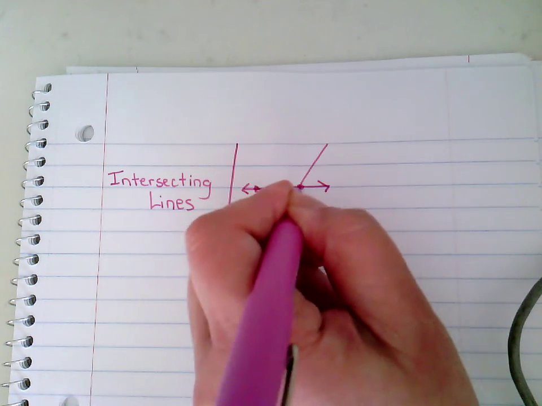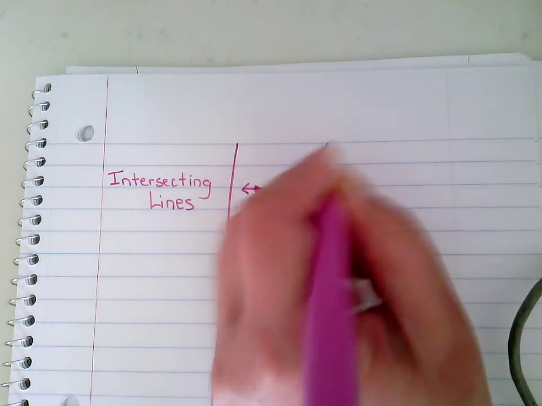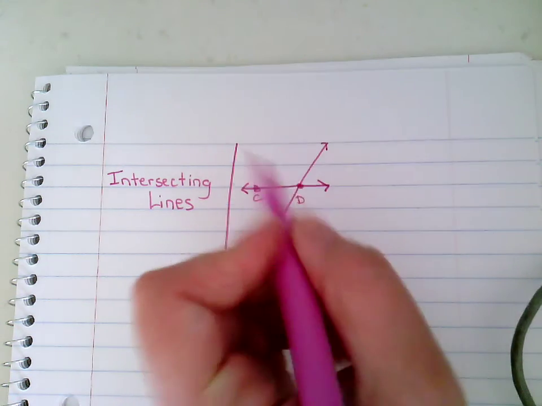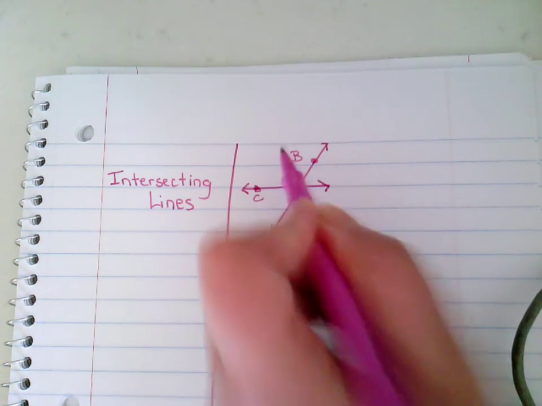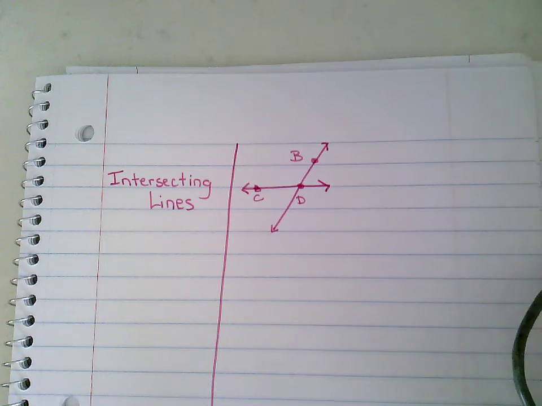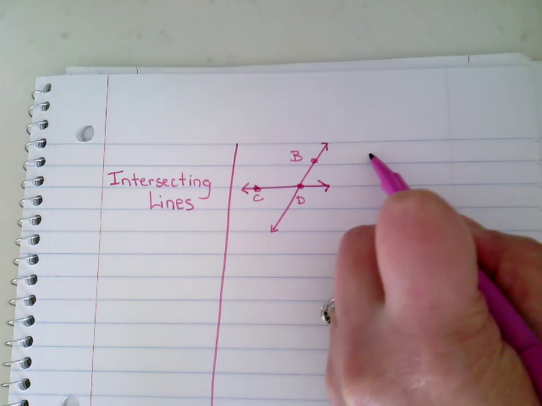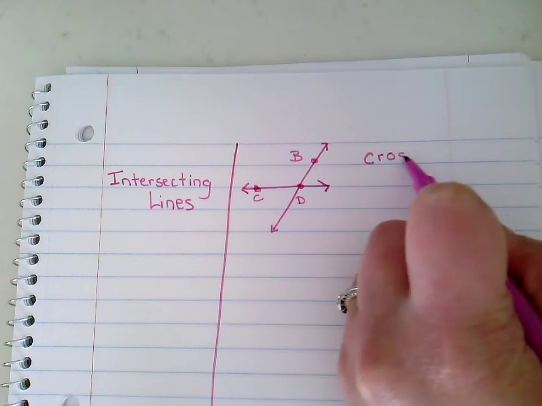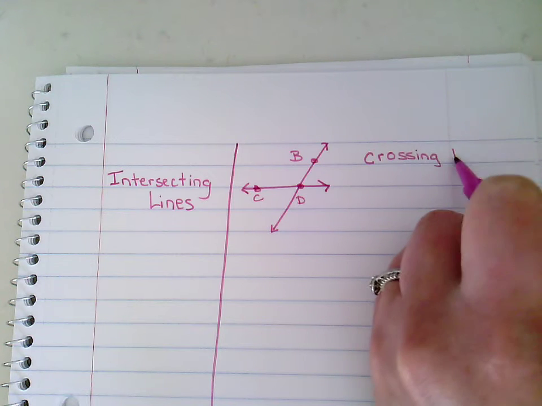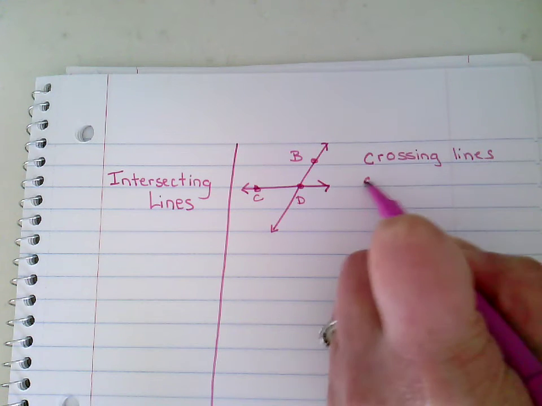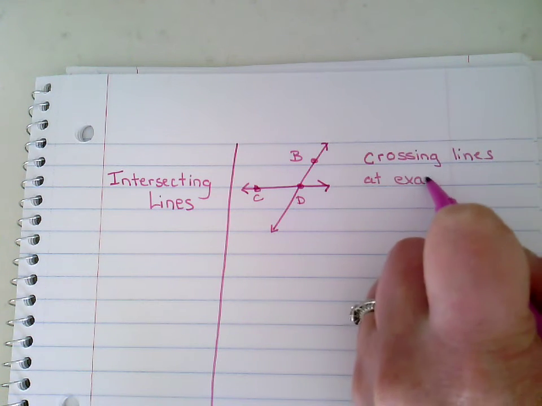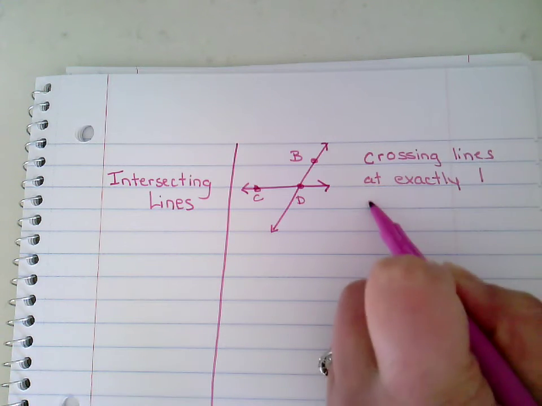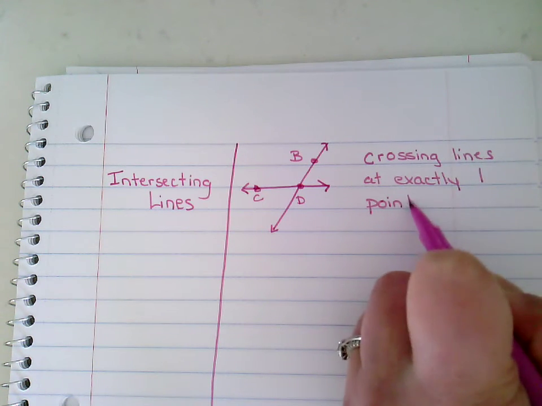And an intersecting line cuts through it at some sort of angle, and it only goes through the line one time. So the definition would be crossing lines at exactly 1 point.